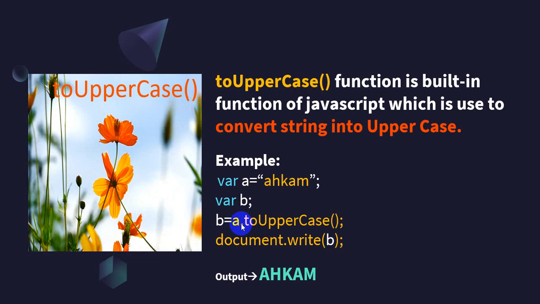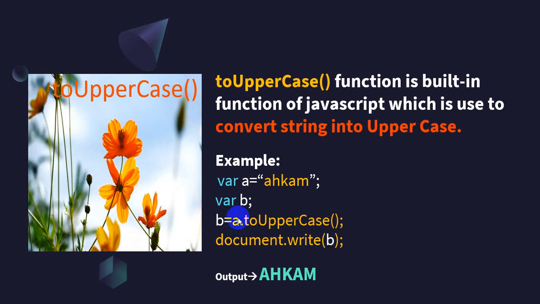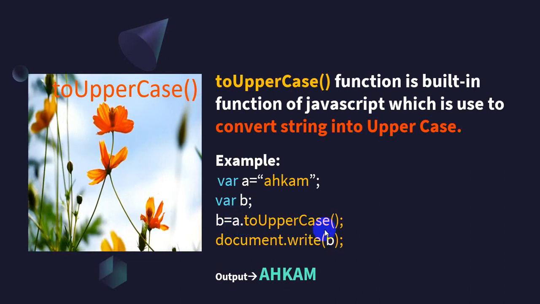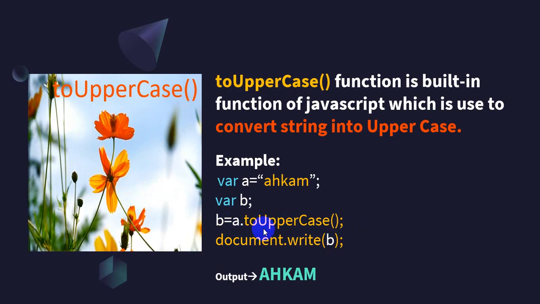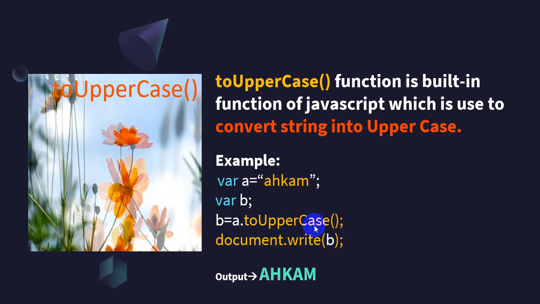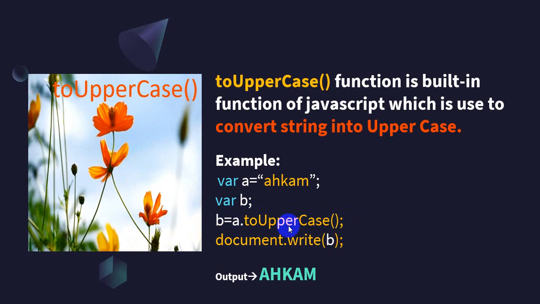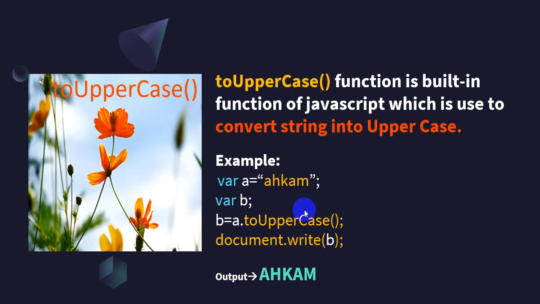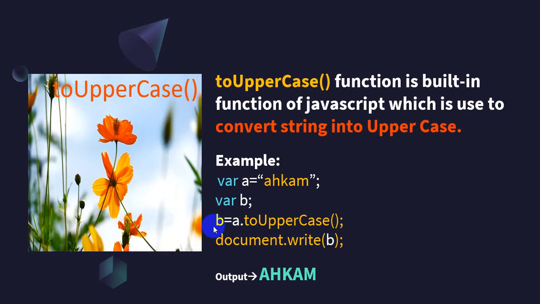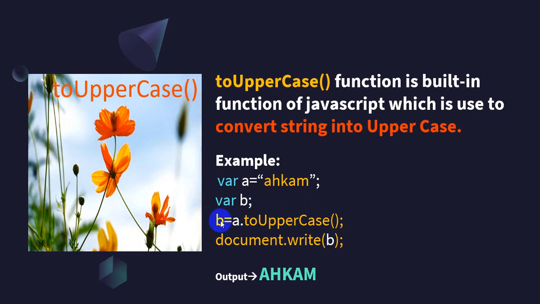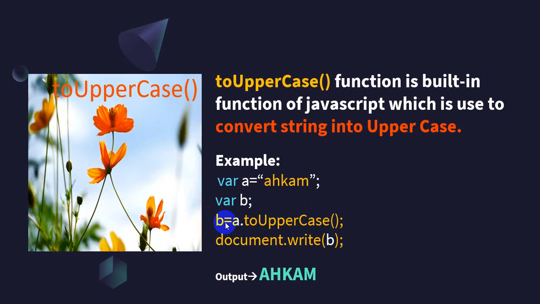What is meant by a dot? Whatever value you have inside variable a, it will be converted by using this function, and the result of this expression will be stored inside variable b. Means you have declared a variable b, but which value are you going to store inside b?